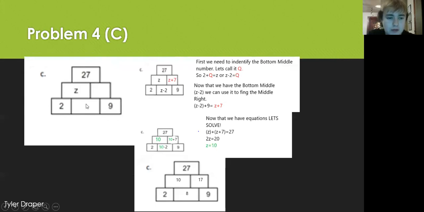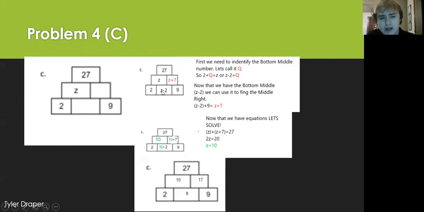So this middle number is going to equal z minus 2, because 2 plus that number equals z. We can turn that around and use subtraction because they're both related. Remember, subtraction and addition are related. We can always flip the properties to determine it. So we see that z minus 2 equals the middle box.